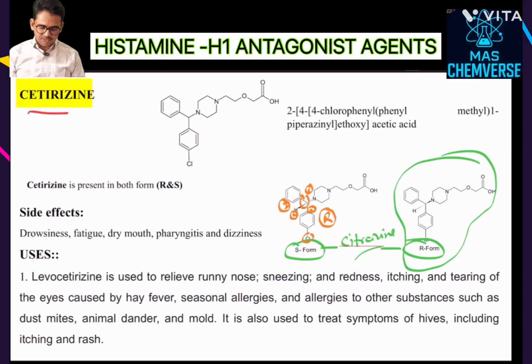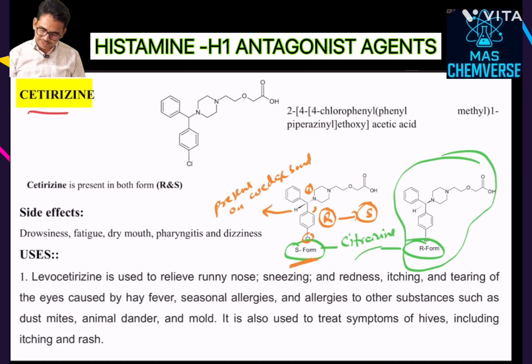But this hydrogen, what you are seeing, this hydrogen is present on the wedge bond. See here, hydrogen present on the wedge bond. That's why R becomes S. That's why it is called the S configuration. In this other case, you can see this is 1, this is 2, this is 3, this is 4.